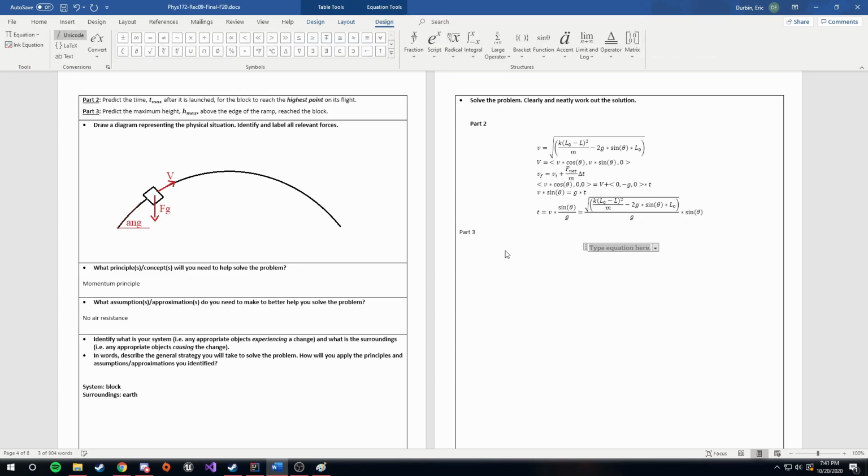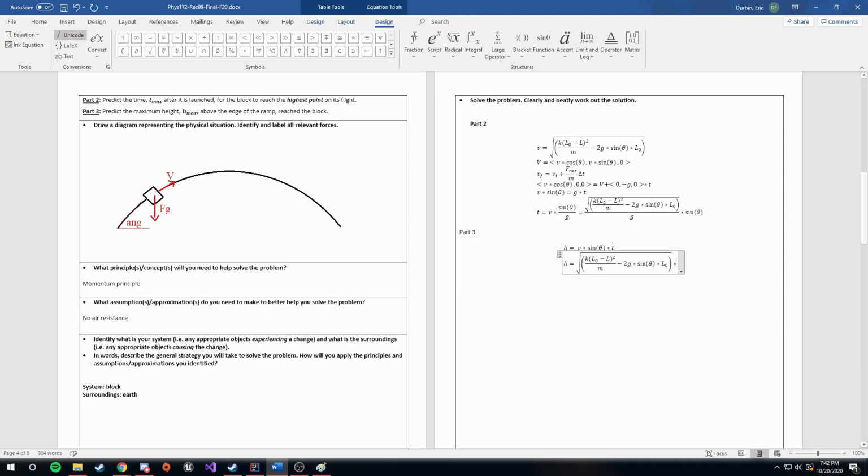Well, oh well. So part 3, predict the maximum height. That would just be v sine theta times t. This does not look fun. Oh wait, but they just square. Like there's 2 square roots, so it's not too bad.